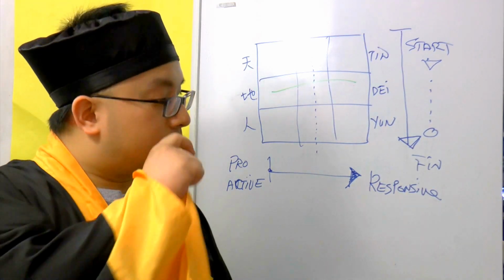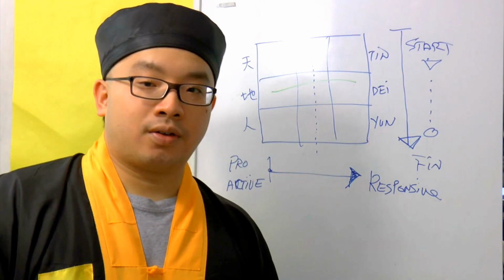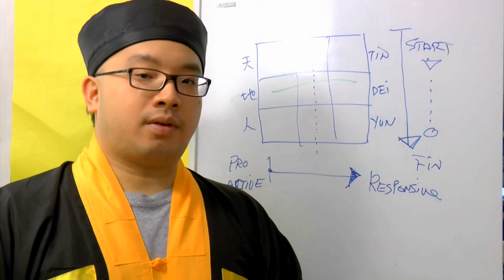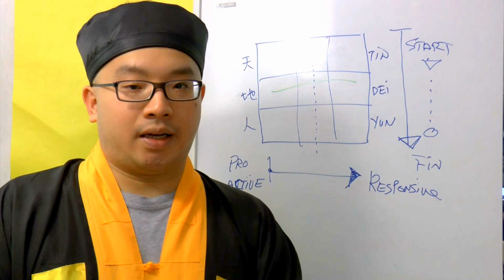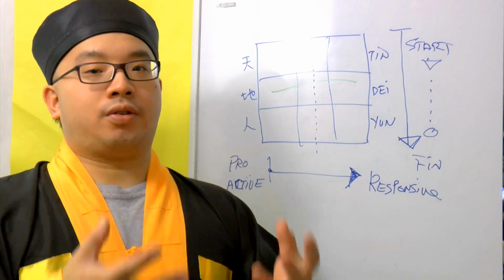Now, this 1 in Chinese means the moment of wanting to do something when no element is in there yet, but you just have the feeling that you want to take action.